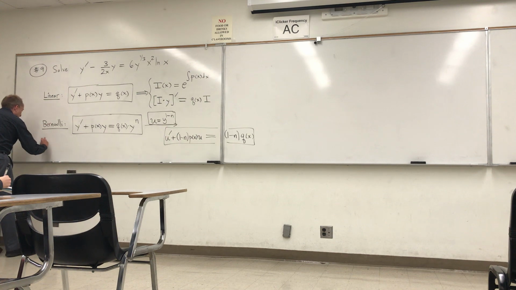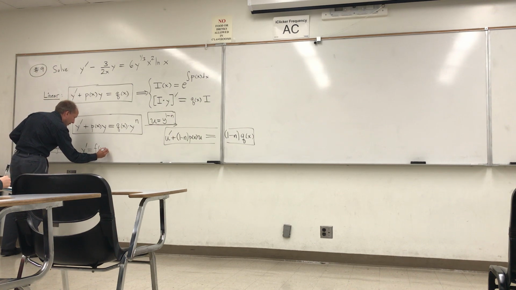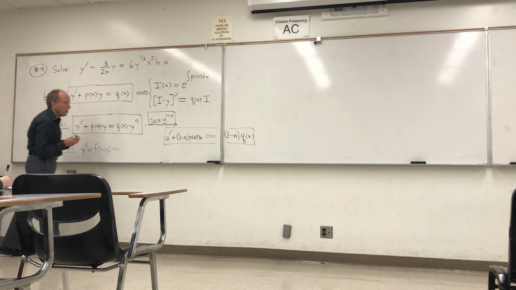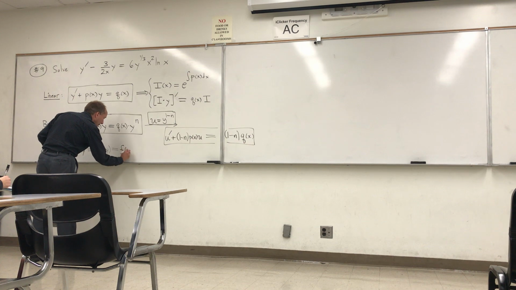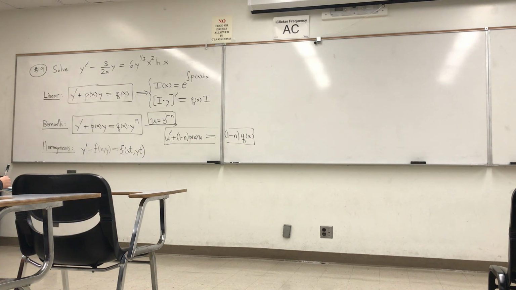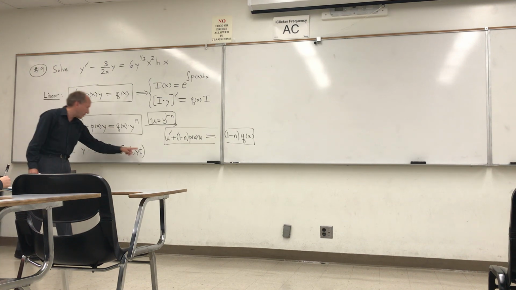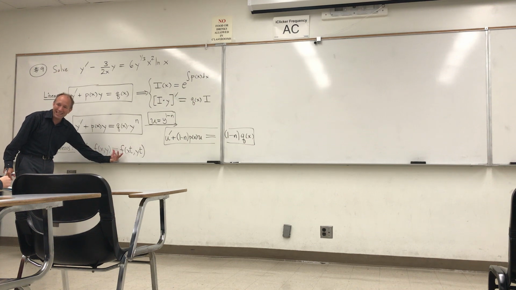And then the last one that you want to maybe go back from chapter 1 to review are the homogeneous differential equations, which are the ones where you have y prime equals f of x and y, and if you replace every single x and every single y with a t next to it, so if you attach a t next to every x and you attach a t next to every y, the t's all cancel right back out again, right?